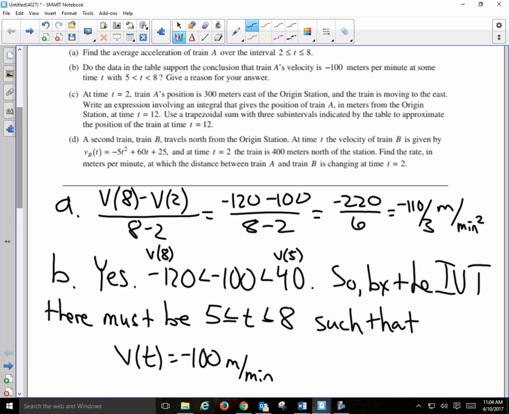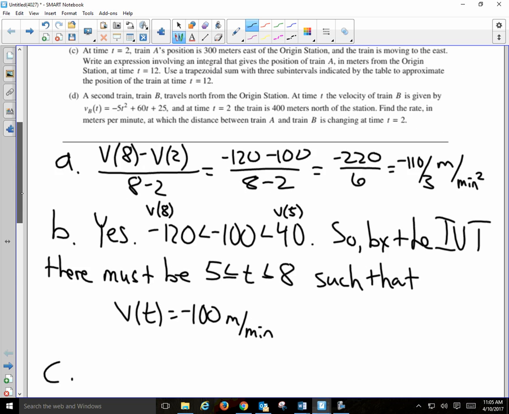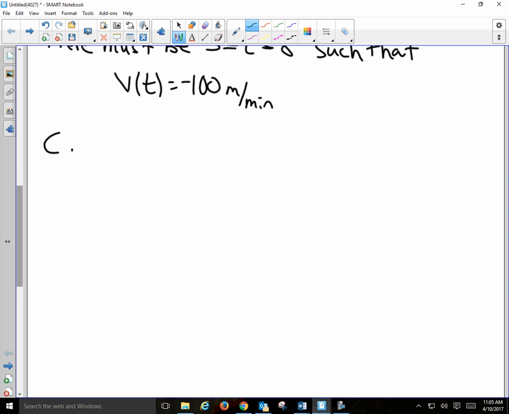It says at time t equals 2, train A's position is 300 meters east of the origin station. The train is moving to the east. Write an expression involving an integral that gives the position of train A in meters at time 12. So I want to state position. Position is equal to, what have we said all along? Start plus displacement.